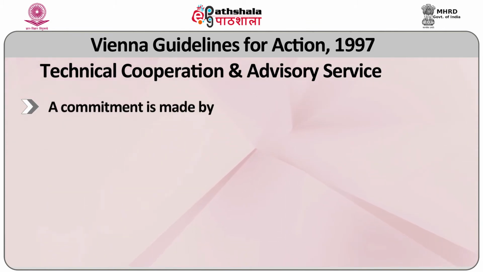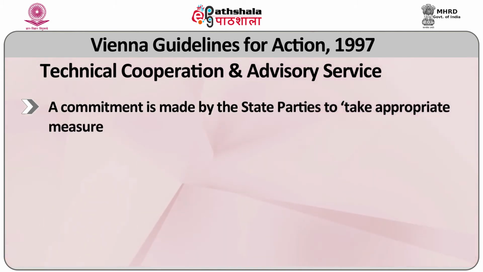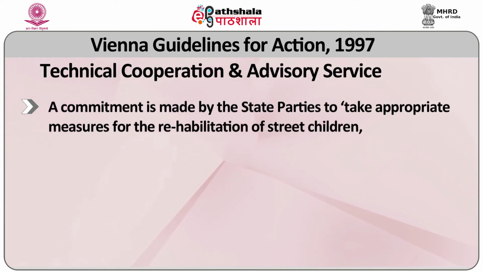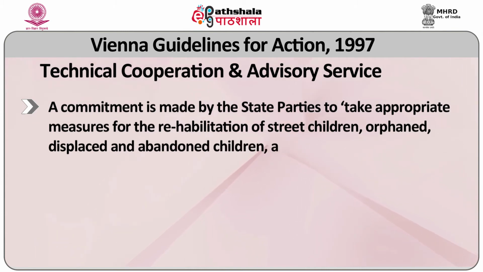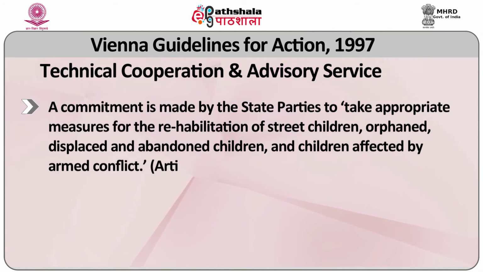Eighthly, a commitment is made by the state parties to the SAARC Convention to take appropriate measures for the rehabilitation of street children, orphaned, displaced and abandoned children and children affected by armed conflict.